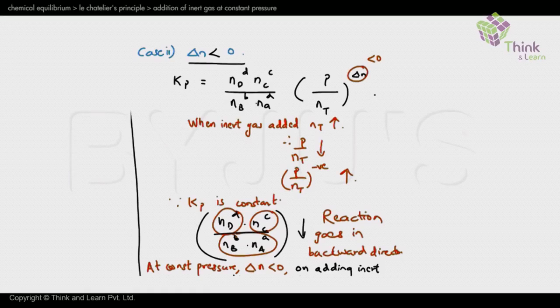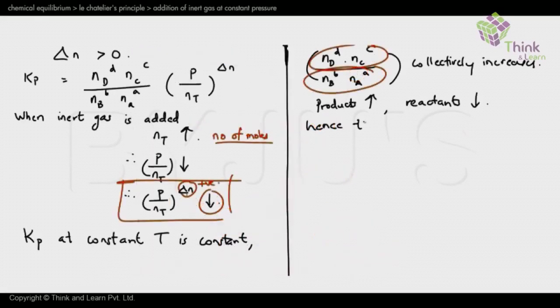Why? Because in order to counterbalance the increase in P by Nt, the whole raised to something negative, you will have to have this thing happening. Next, let us discuss the case where delta N is greater than 0.